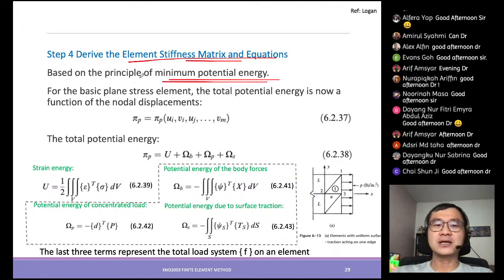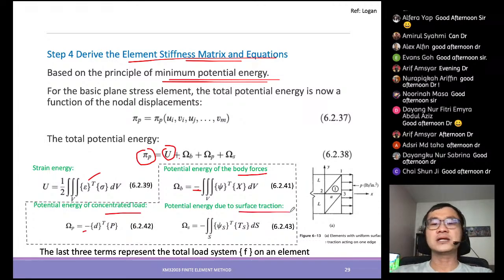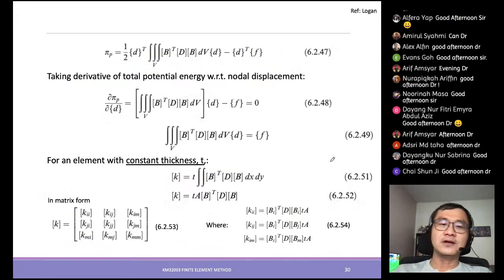It is based on the principle of minimum potential energy, where the total potential energy equals the strain energy, minus the losses of energy due to the body forces, or maybe due to the concentrated load, and also the surface tractions involved on the element itself.